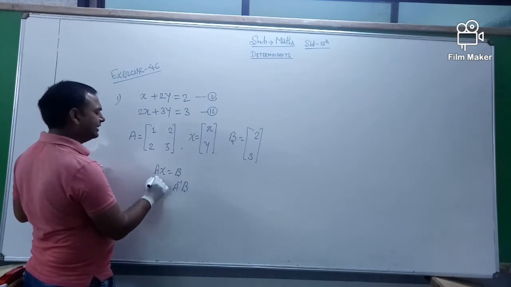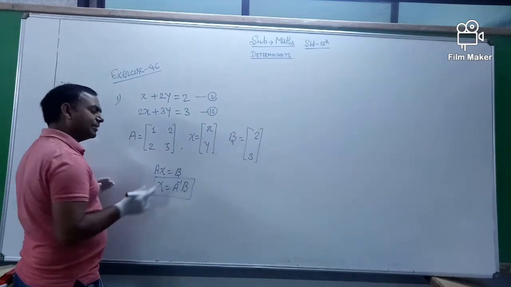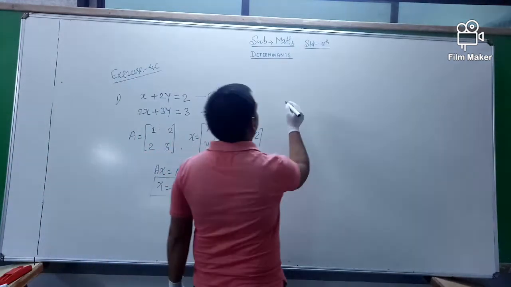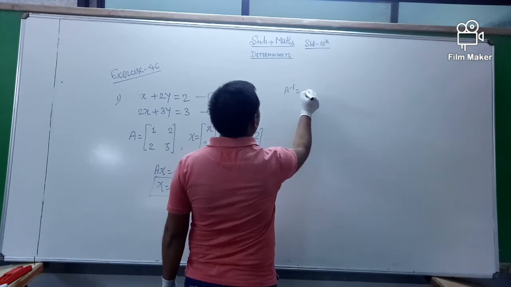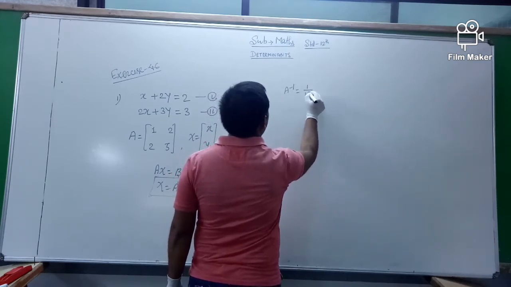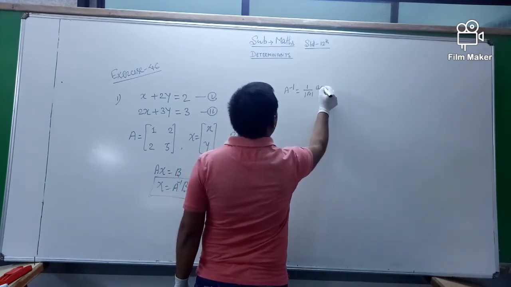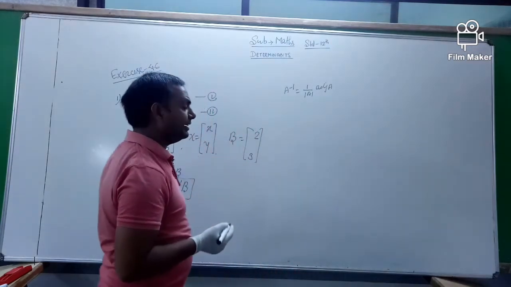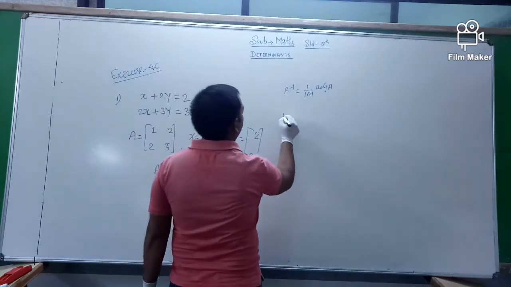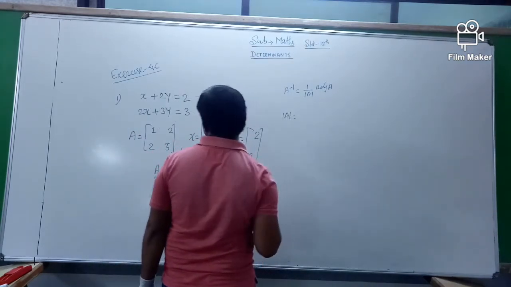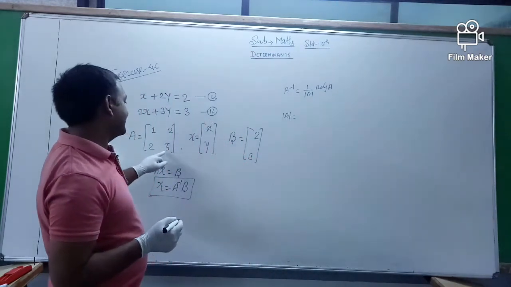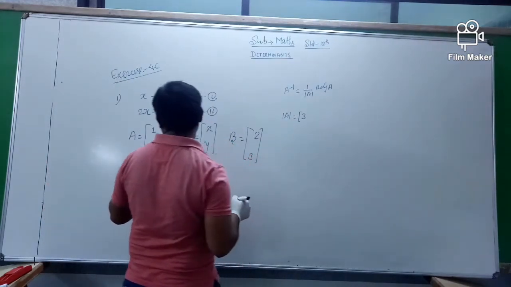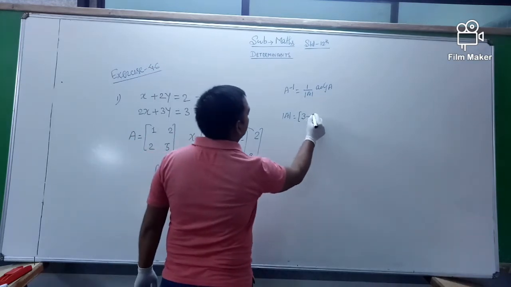First I find the inverse of A. A inverse is equal to 1 by mod A times the adjoint of A. So first we find mod A. Mod A is equal to 1 times 3 is 3, and 2 times 2 is 4, so minus 4.